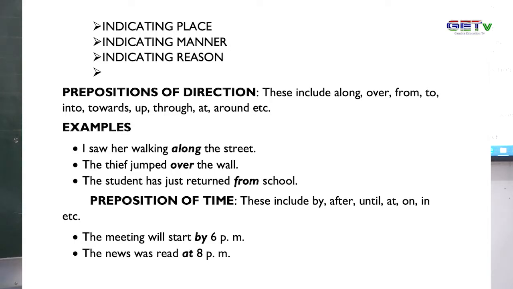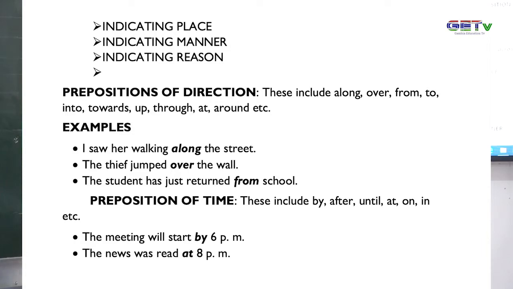From there, we move on to prepositions of time. These include by, after, until, at, on, etc. So, by looking at these examples, we have 1. The meeting will start by 6 p.m. The "by" is indicating time. 2.